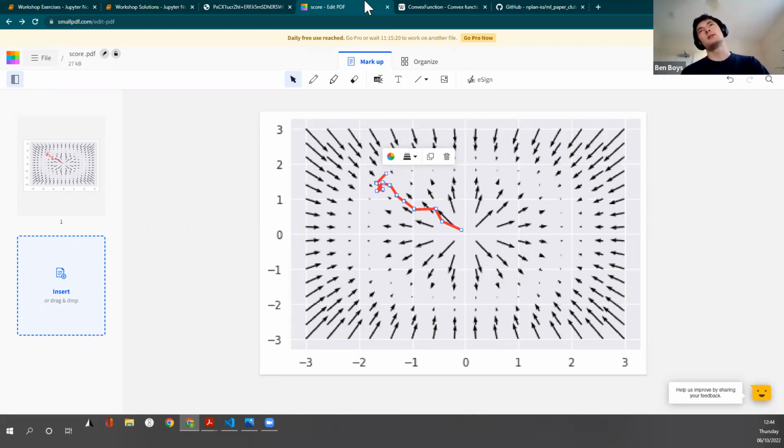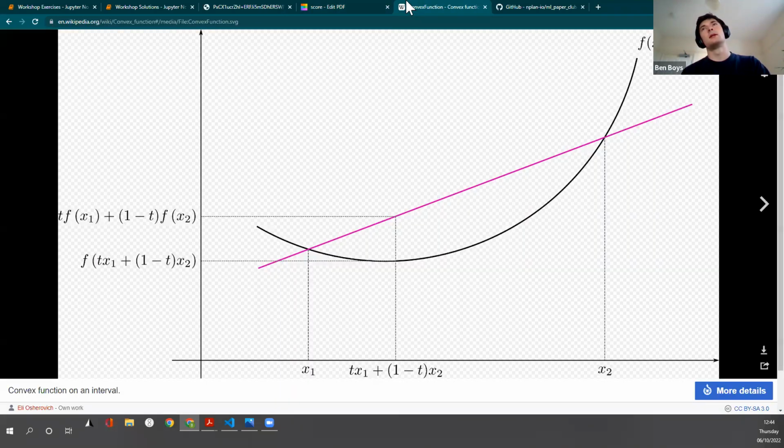So convexity is limited to potentials that look like this, and this is only a unimodal distribution. As soon as it's multimodal, it becomes non-convex. So it's actually extremely common to see non-convex distributions that you want to sample from, and it's the only thing that can happen when you have a limited amount of data.